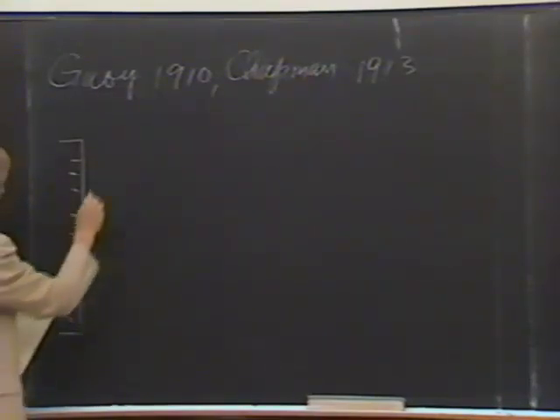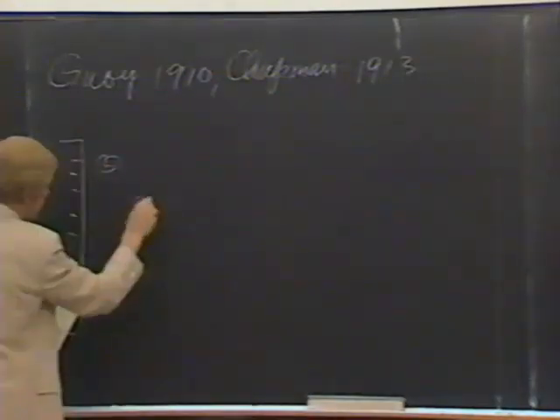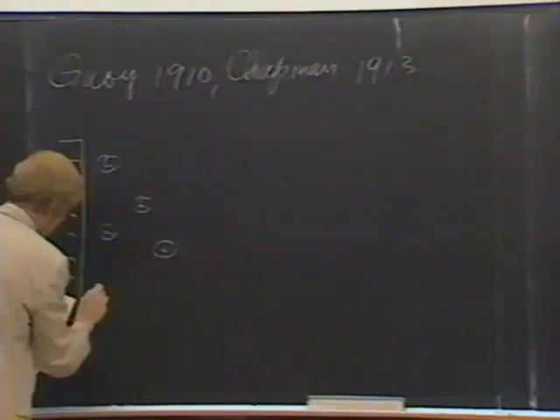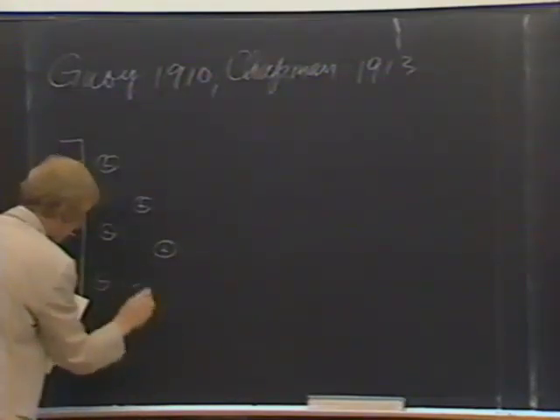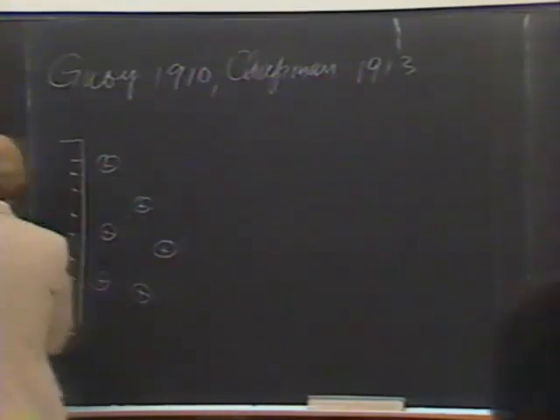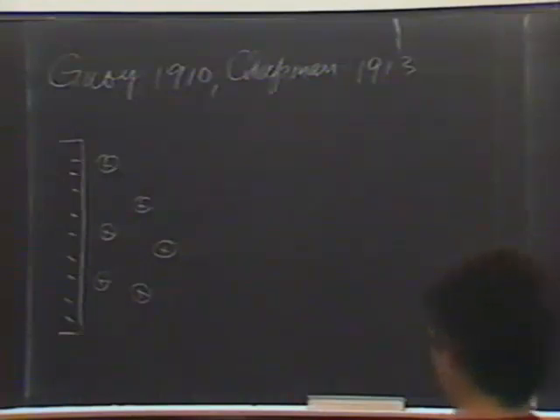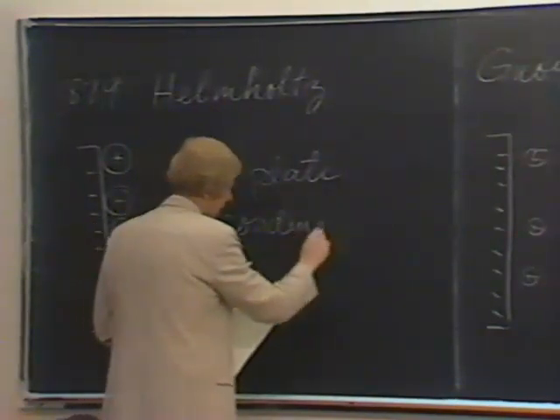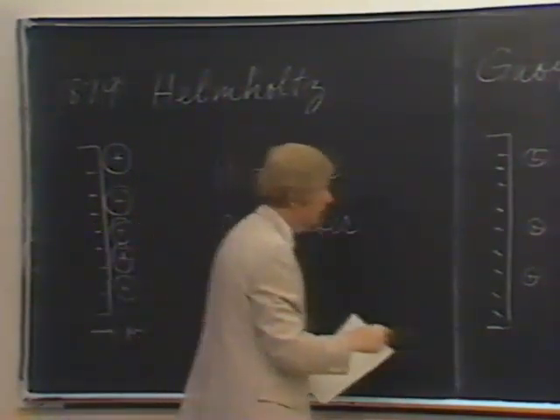That is, positively charged ions distributed away from the face due to the thermal motion of the ions in the surrounding water. So this is, we'll call it, a parallel plate electrical condenser, and this is a diffuse double layer.